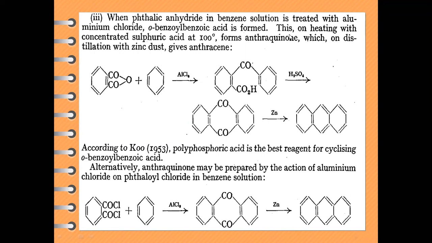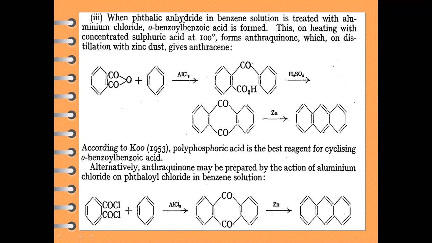When this intermediate product is heated with concentrated sulfuric acid at 100 degrees centigrade, there is formation of an anthraquinone, and this, upon reduction in the presence of zinc dust, gives anthracene.